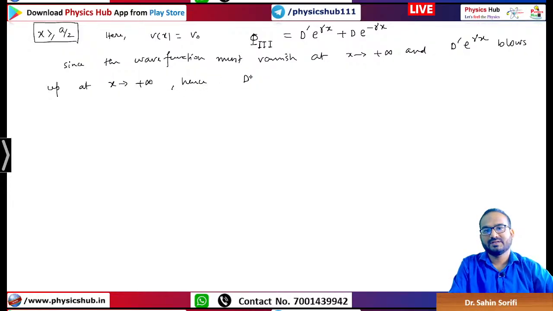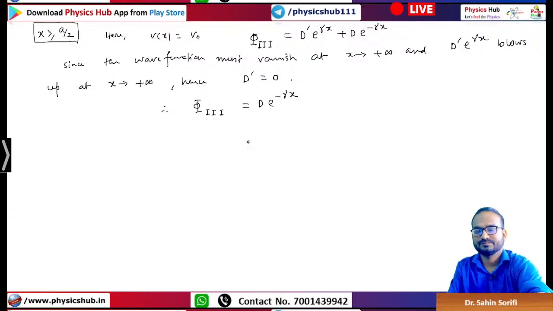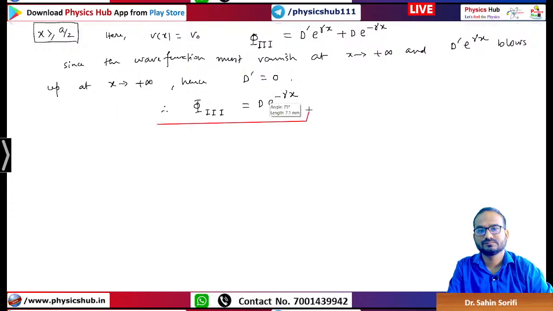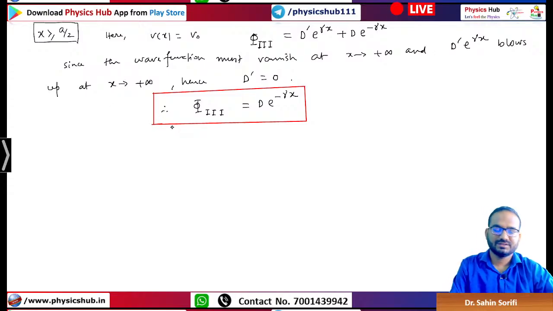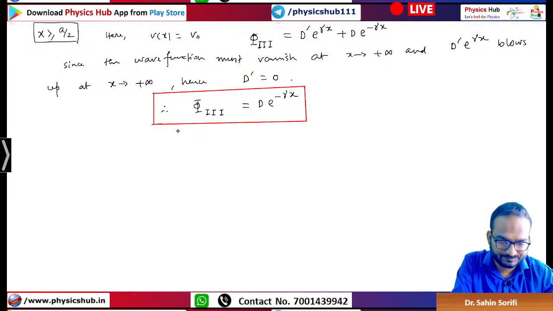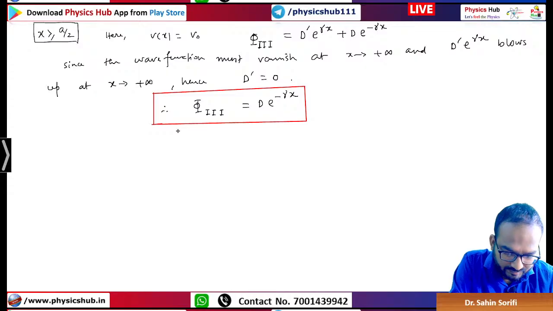So we can write that D prime is equal to 0, and hence phi 3 is equal to D e to the power minus gamma x. Is it clear, everyone? Till now everything is all right. So we have got the wave function in all the regions. Karthik, Harry, Murli, everything is all right till now?